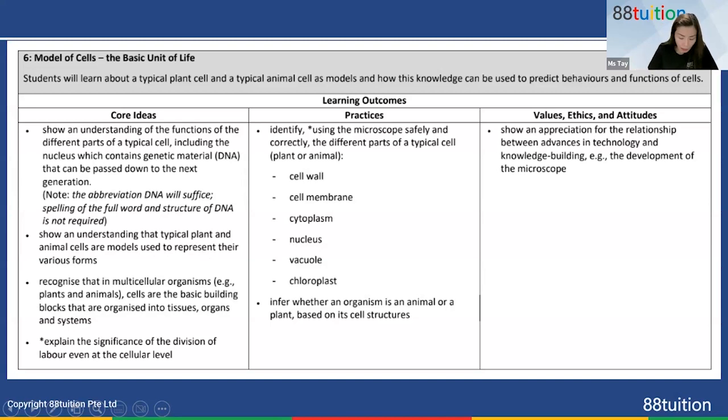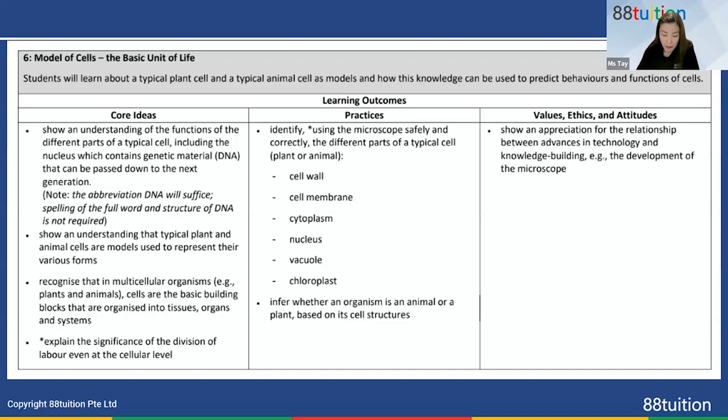And then in multicellular organisms like us, we have cells as the basic building blocks. Okay, and then they are organized into tissues and then organs and then organ systems and form the organism. Okay, the last one, you see there's a clause that says explain the significance of the division of labor even at the cellular level. Okay, so division of labor is important.